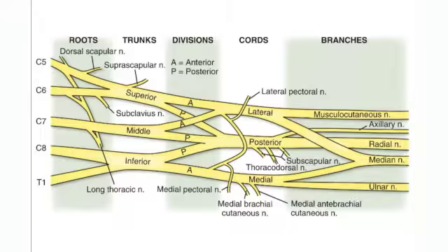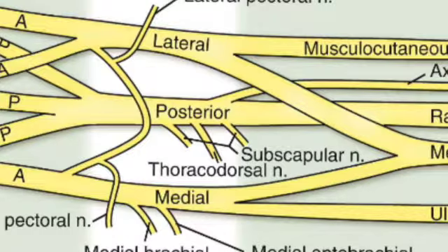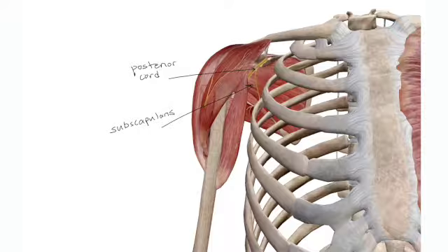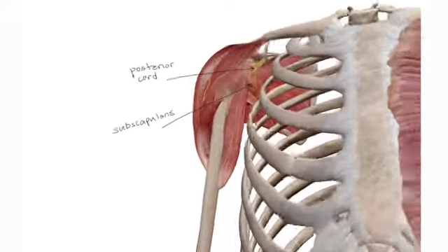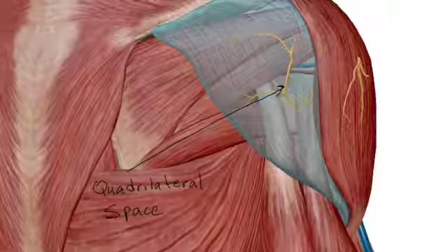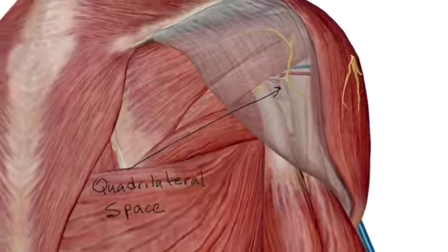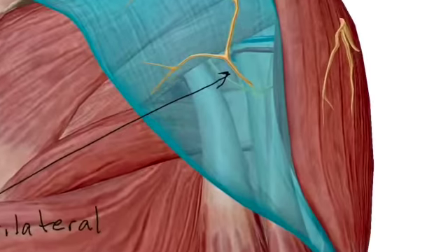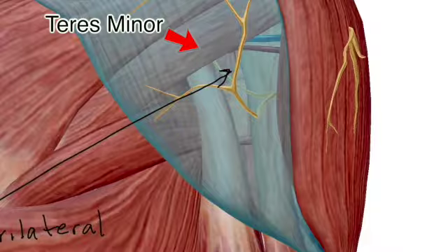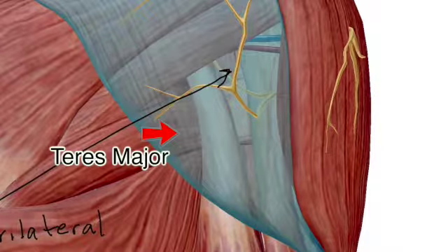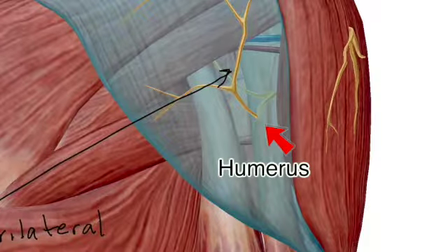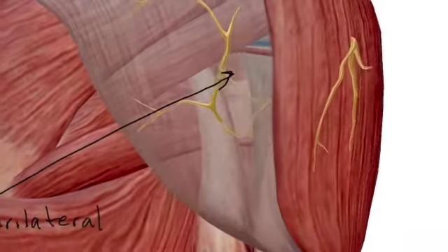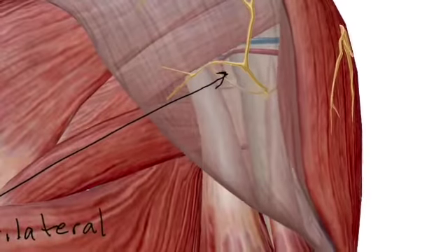The axillary nerve arises from the posterior cord of the brachial plexus in the axilla, in front of the subscapularis muscle, and then continues to the region known as the quadrilateral space, where it turns posteriorly. In this area, it gives off a motor branch to the Teres Minor.